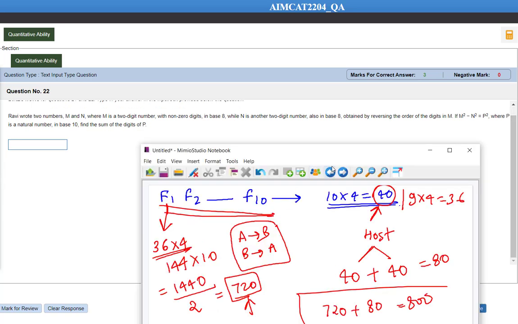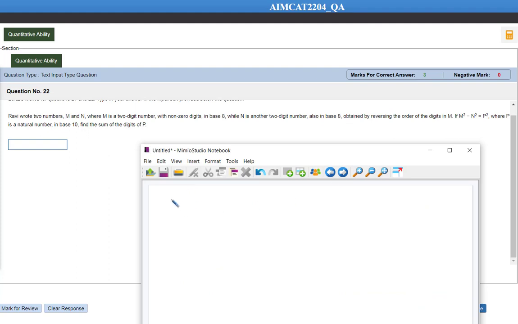Ravi wrote 2 numbers: m, a 2-digit number AB in base 8, that is equal to 8a plus b, and n is the reverse of m. The reverse of m is BA in the same base 8, that is equal to 8b plus a.